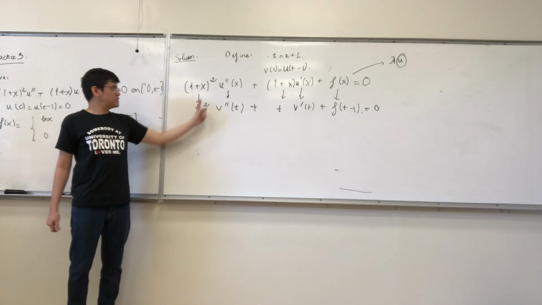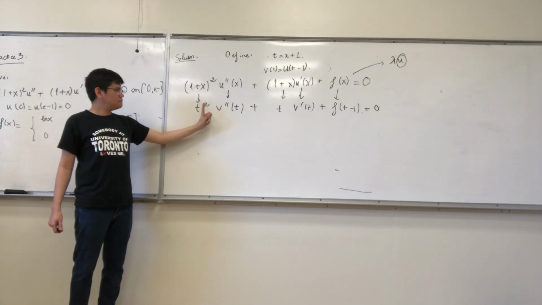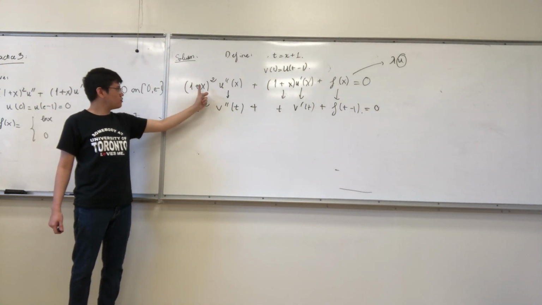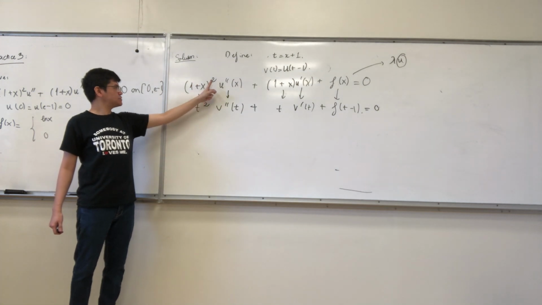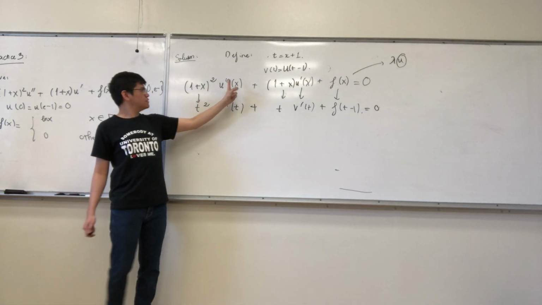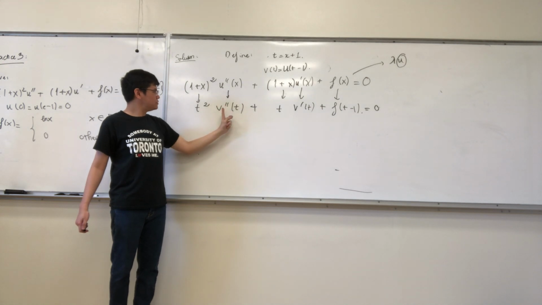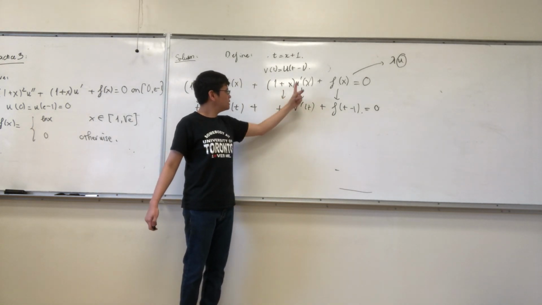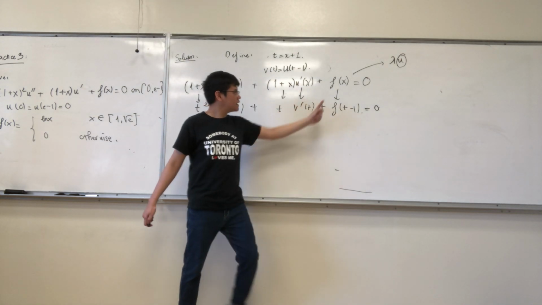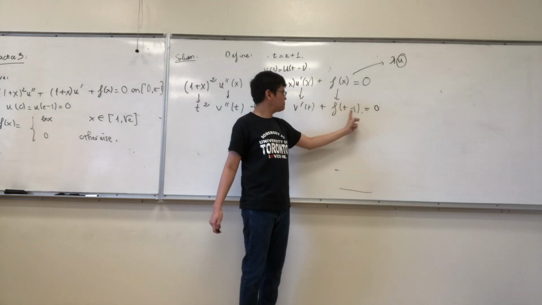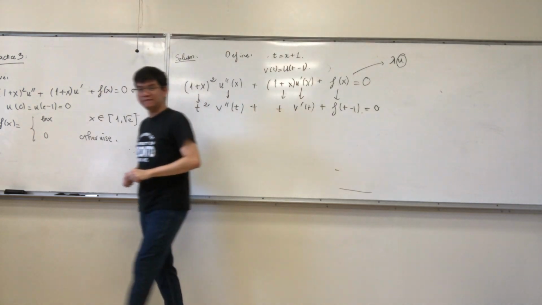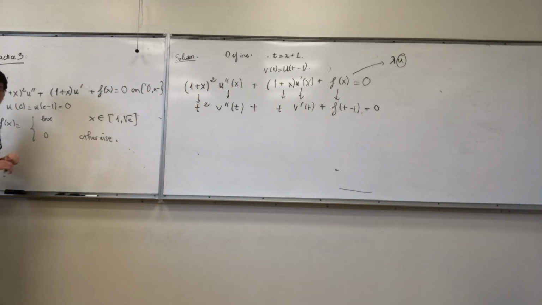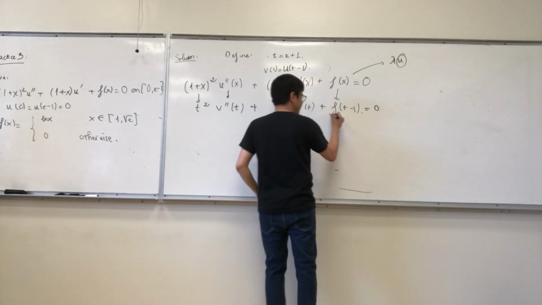Now I transform 1 plus x squared into t squared. U double prime of x will be u double prime of t. 1 plus x is t. U prime of x is v prime of t. And f of x is f of t minus 1. So I call this guy g(t).